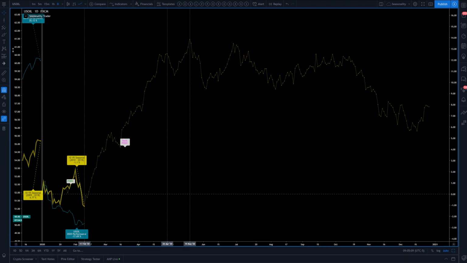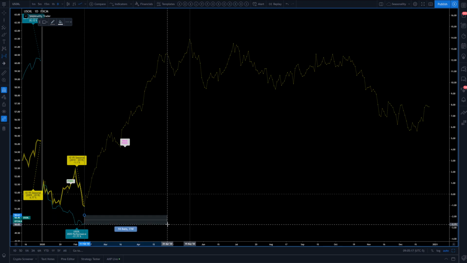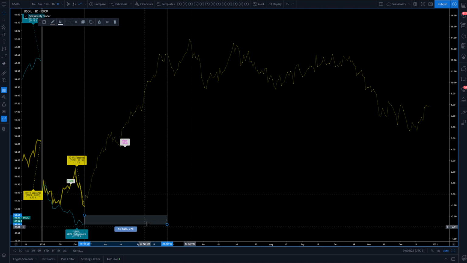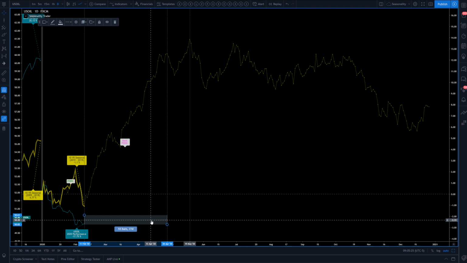This date range is something like 77 days, so about 2.5 months or so is how long this trend lasts.